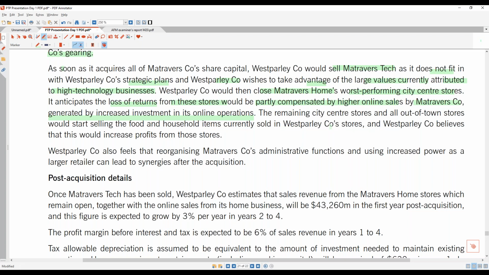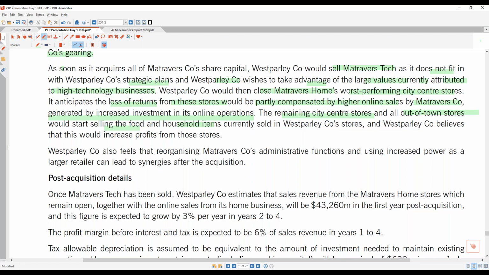And they want to focus more on the online operations. The remaining city center stores and out of town stores would start selling food and household items. They are very idealistic, and for the assessment we have to critique as well.